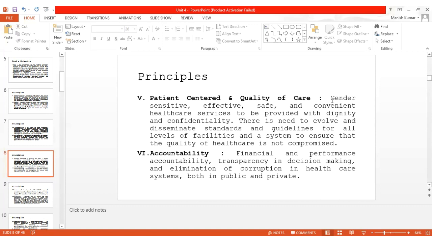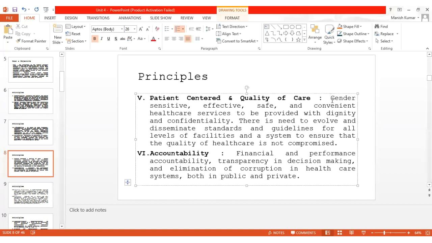So, the fifth principle is patient-centered and quality of care. The sixth one is accountability. It is accountability in terms of the finances being given to those facilities, and performance. So the accountability is on both. There is a fund under Rogi Kalyan Samiti.